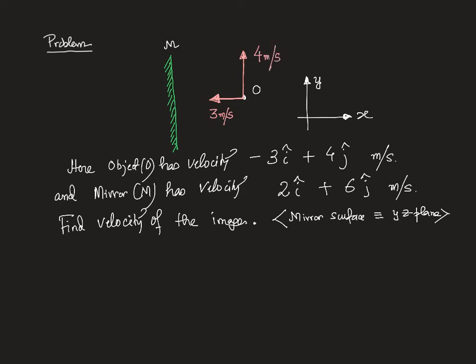Okay, that is for the object. Now the mirror has velocity 2 i cap plus 6 j cap.